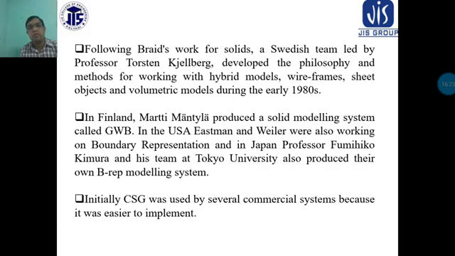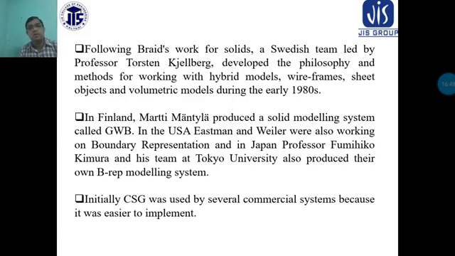Different hybrid models can be generated, with the philosophy and methods for working with hybrid models, wireframes, and other things, such as sheet objects and volumetric models, in the early 1980s.